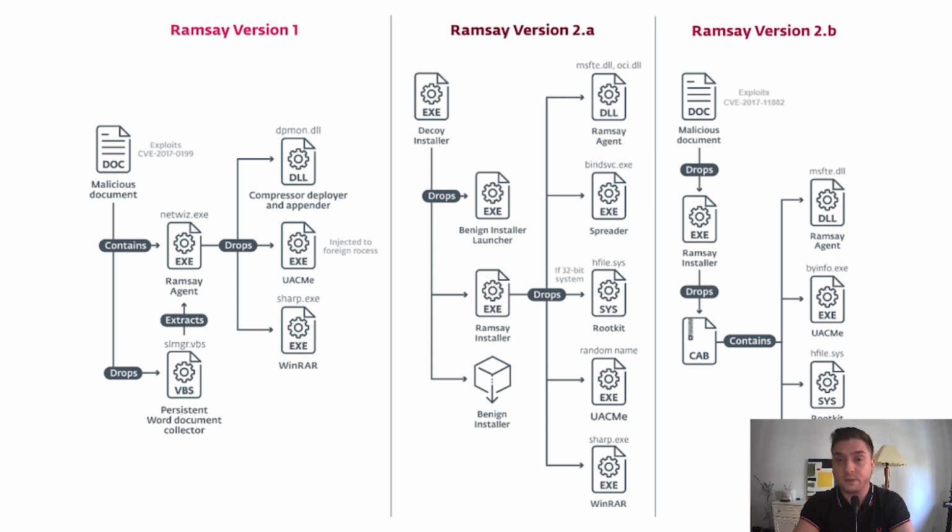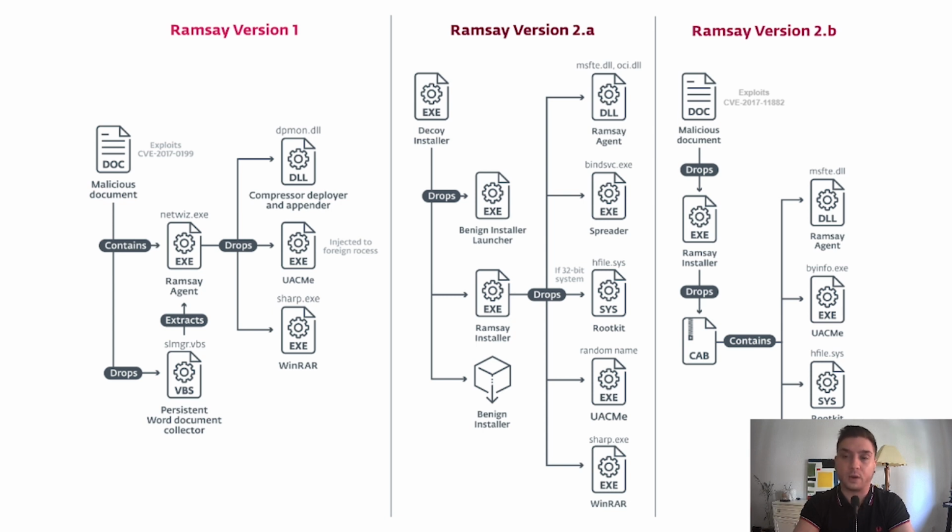Then we have Ramsay version 2, in which we have 2 variants. Ramsay version 2.a gets delivered as a decoy installer, which at some point drops an installer, which itself drops a series of components. Among all of these components, there is one worth highlighting, which is the appearance of a spreader component, which is exclusive and unique to Ramsay version 2.a.